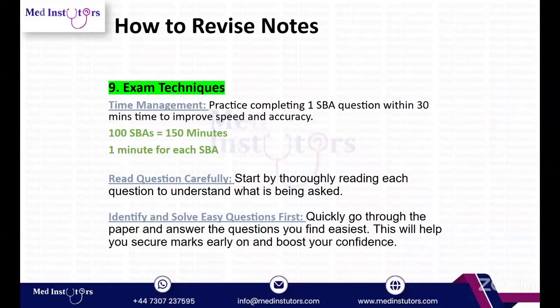Time management, we have already discussed this. Try to spare 1 minute for each SBA. Read the question carefully, identify and solve easy questions first. Even during the exam, this would give you an idea of exactly where you are standing in your exam performance. It works like this: solve the easy questions first, the ones you are sure about, and red flag those questions on which you are not sure about the answer.